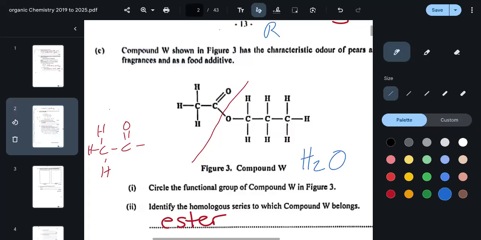So all you need to do now is put on the OH. And then for this part, you draw it back, everything starting from the oxygen. So let me do it up here. All right, so oxygen, 3 carbons, put on the hydrogens. All right.